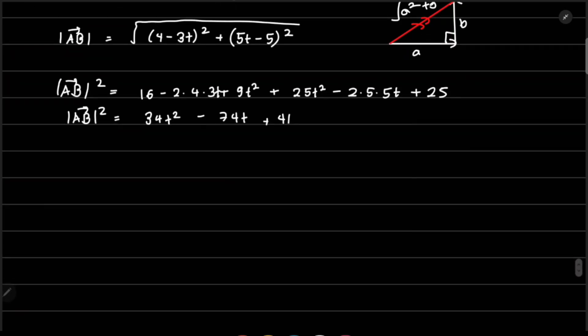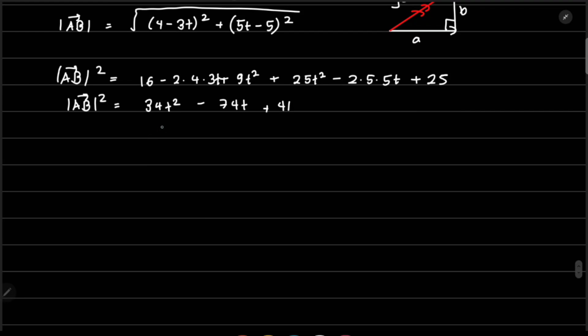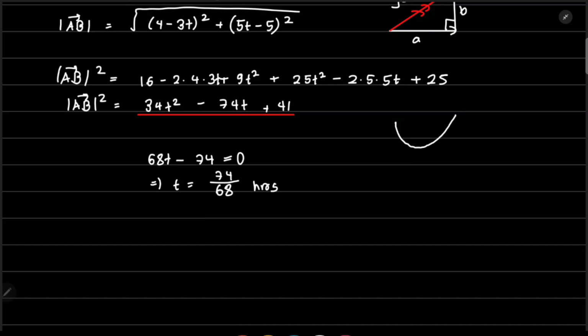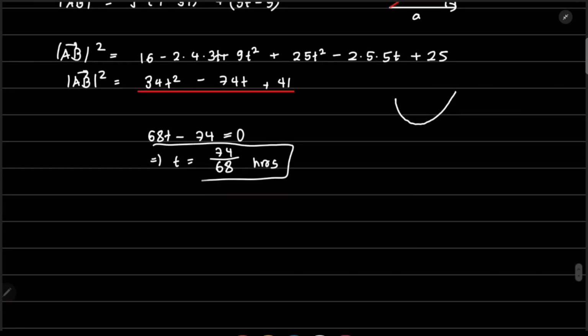Now to find the minimum distance, I can either complete the square from here or differentiate the right side and set it equal to 0. So if I differentiate this and set it equal to 0, I'll get 34 times 2, which is 68t minus 74, and we set this equal to 0. We find the value of t to be 74 by 68 hours. So at this time the displacement will be the minimum.